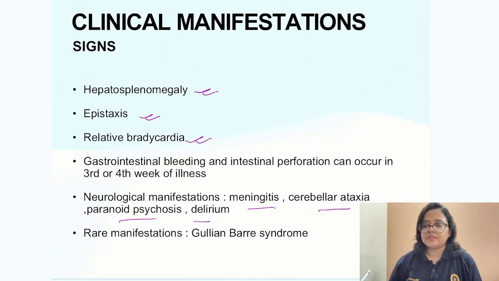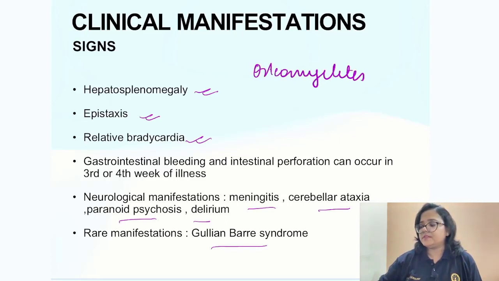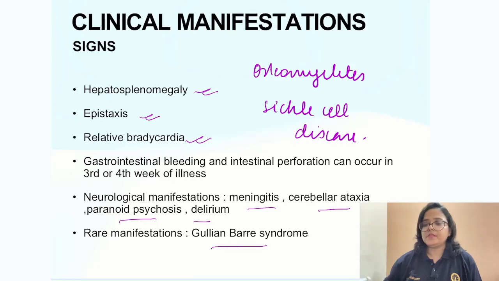A rare manifestation is Guillain-Barré syndrome. Also, Salmonella may cause osteomyelitis, which is also seen in sickle cell disease, so it may be a rare presentation.